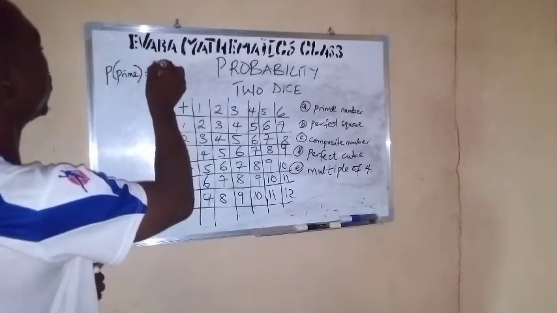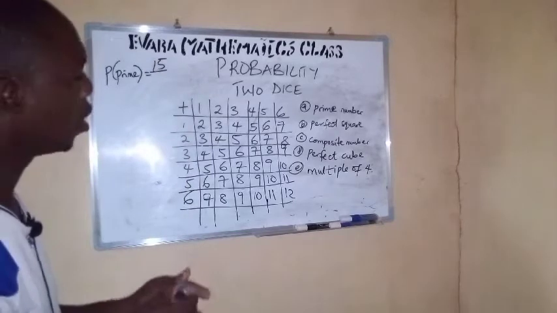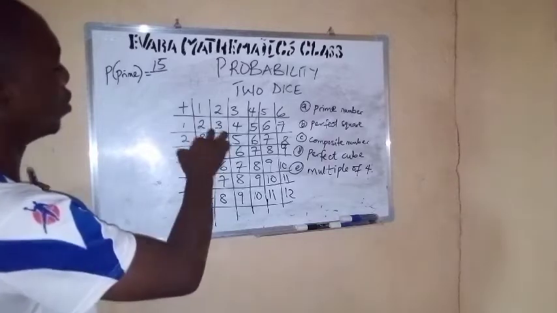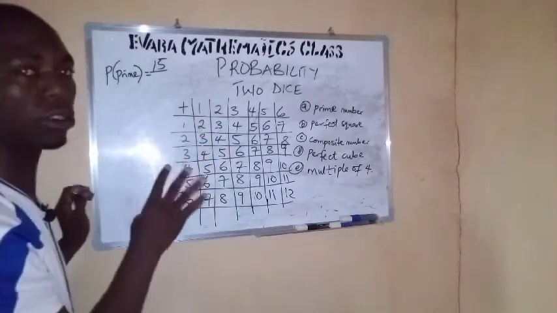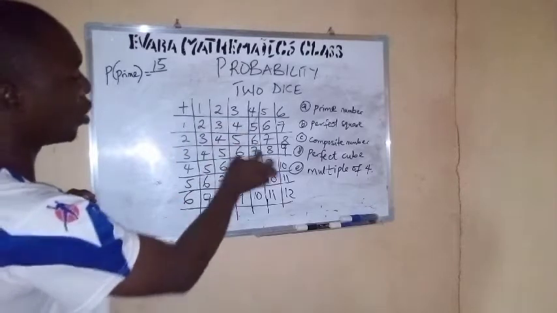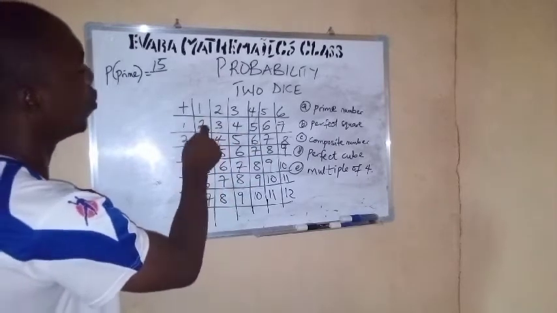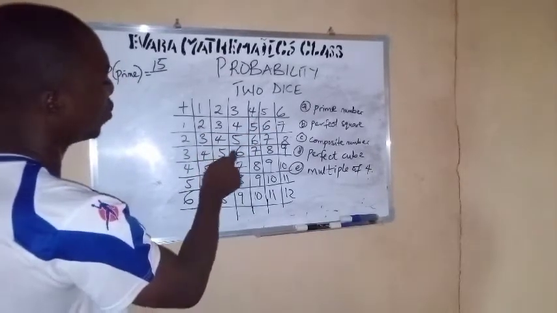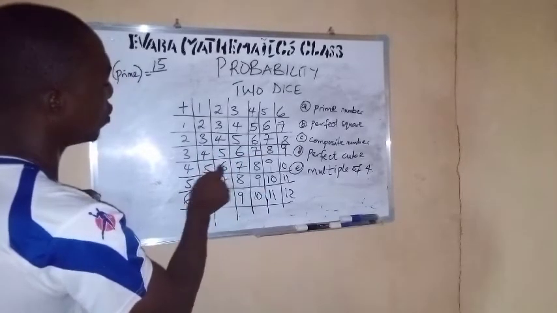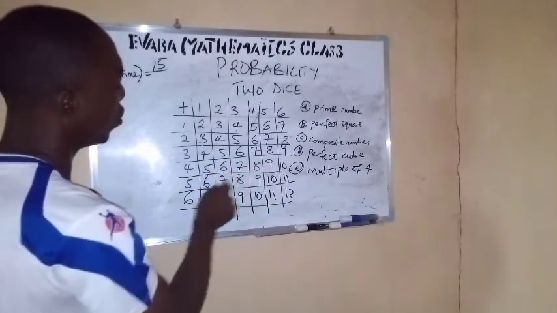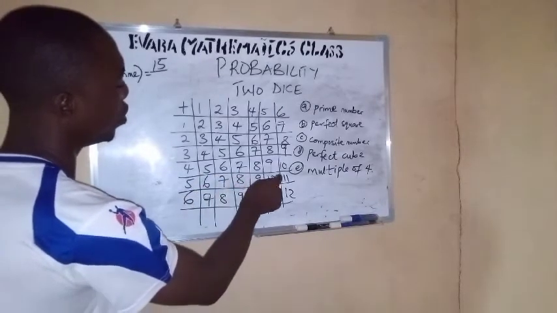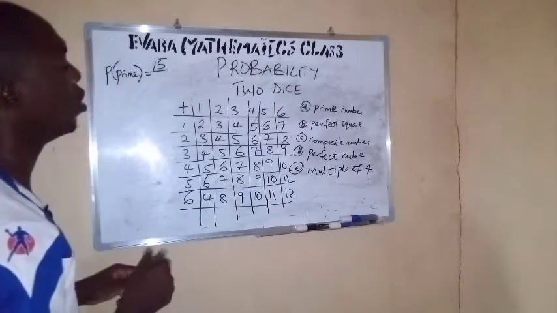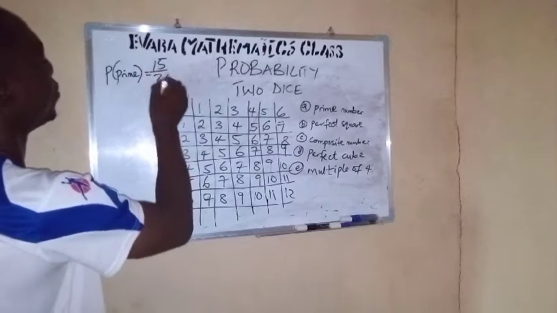So the probability of getting a prime number is 15 over all the outcomes in this table, which are 36. These are the numbers on the faces of the dice, and all the ones inside the table are the outcomes. If you count them, 1, 2, 3, up to 36, all the outcomes are 36.